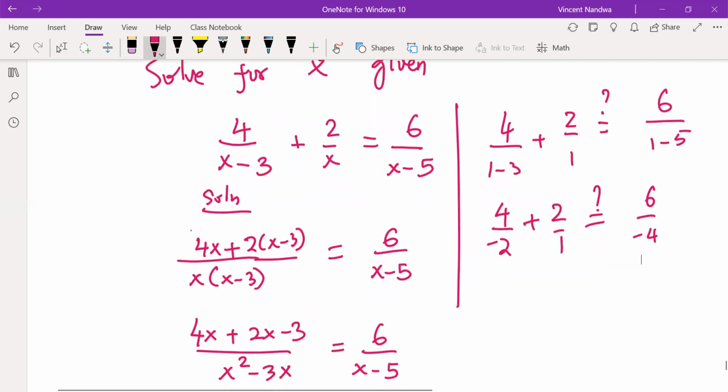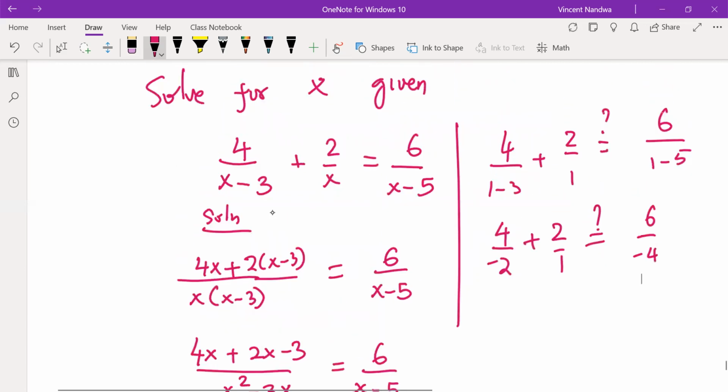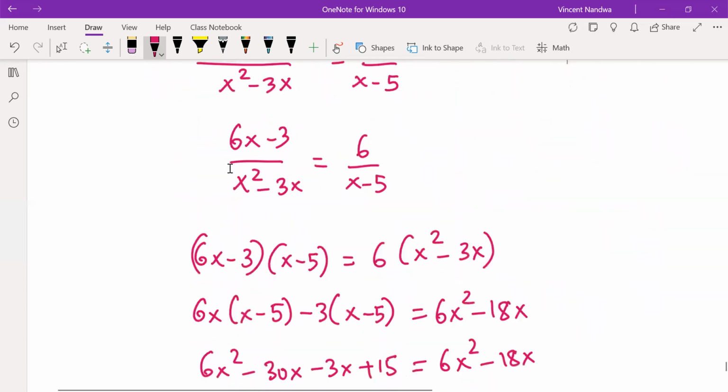So we have minus 2 plus 2. Is it the same as minus 3 over 2? So obviously no.